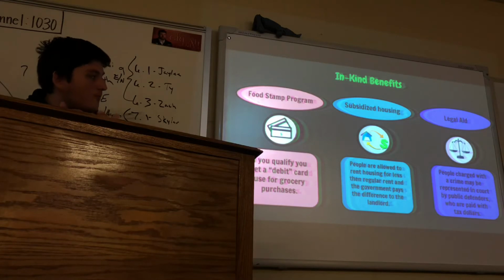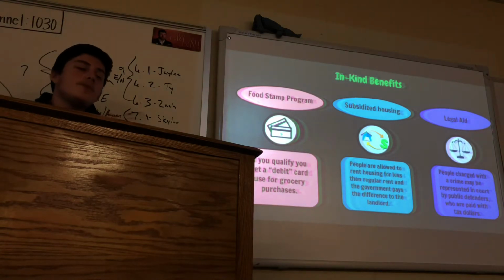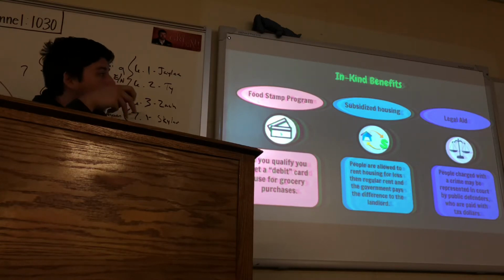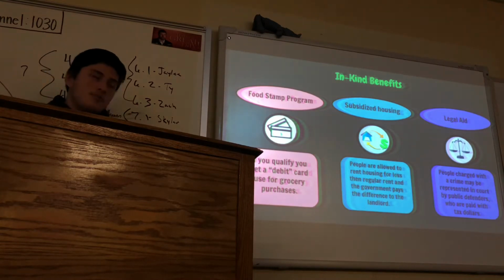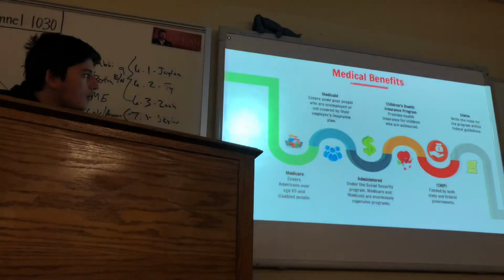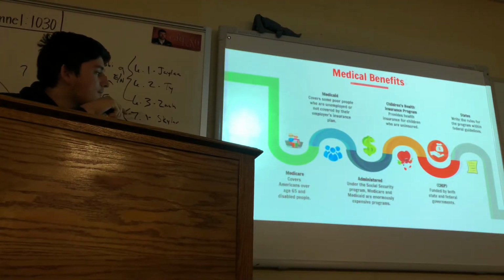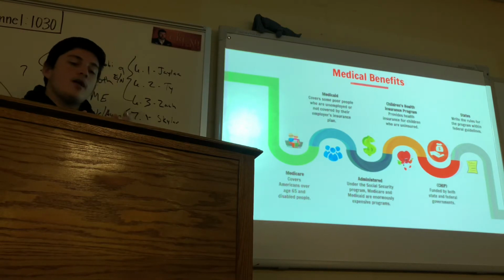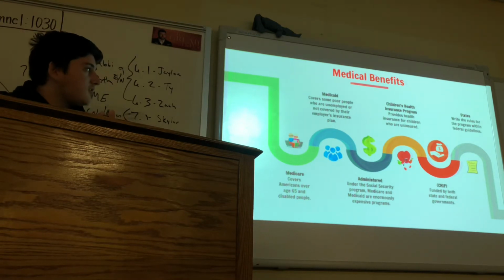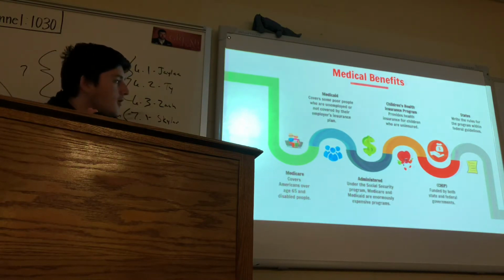Legal aid is basically for people who've committed a crime and are in court but can't afford a lawyer. The in-kind benefit of legal aid helps them get a lawyer. For medical benefits, all you have to know for this slide is that Medicare is for disabled people and people over age 65. Medicaid is mostly for the unemployed.